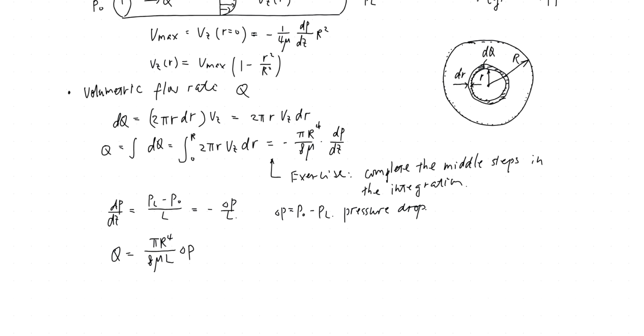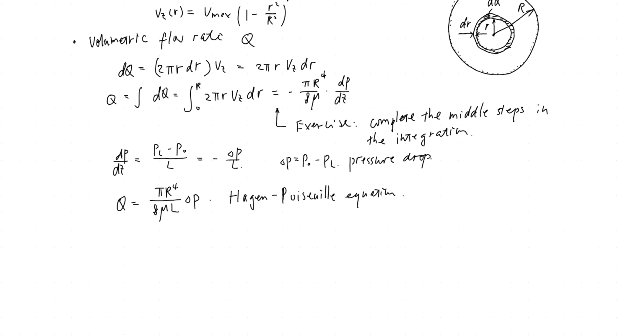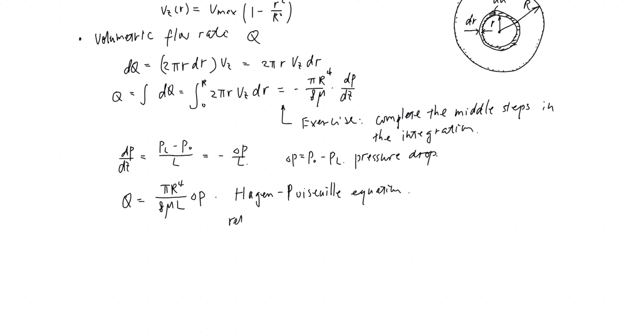This is an equation which we call the Hagen-Poiseuille equation. Sometimes we just call it the Poiseuille equation. This relates Q to delta P for a Newtonian laminar flow in a cylindrical pipe.